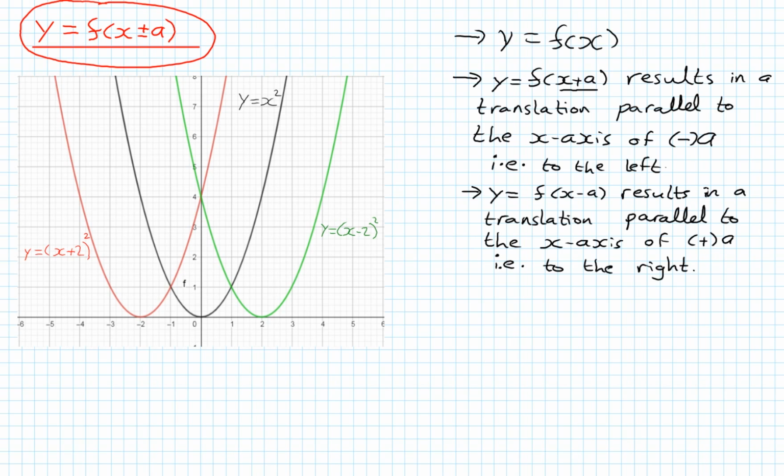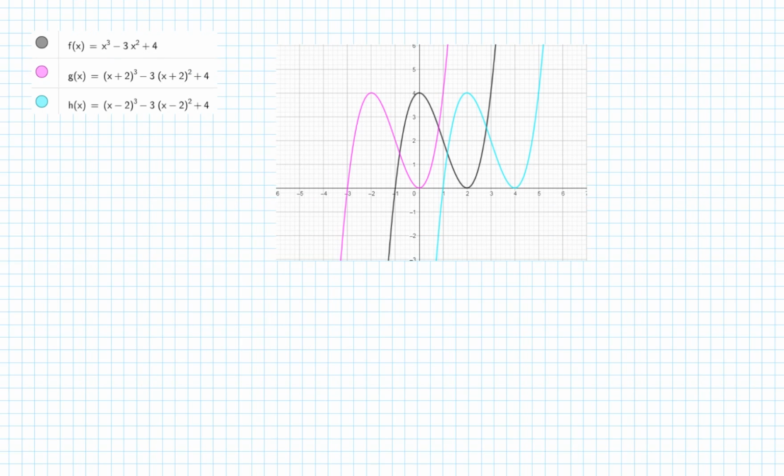Now that might be difficult to see with something as easy as x squared, but if I just show you this graph here, you see the same thing. We have a function, let's say f of x equals x cubed minus 3x plus 4.